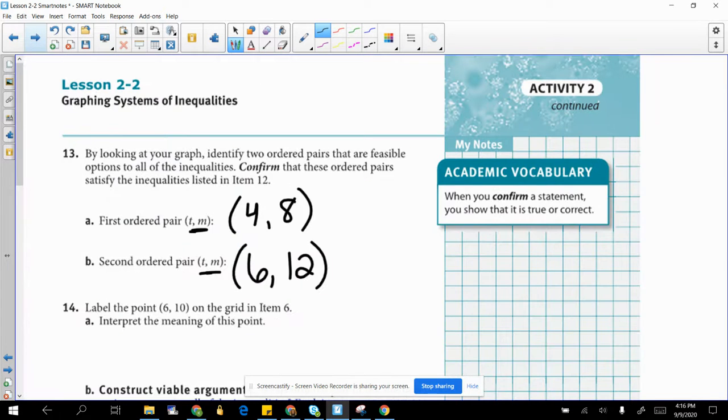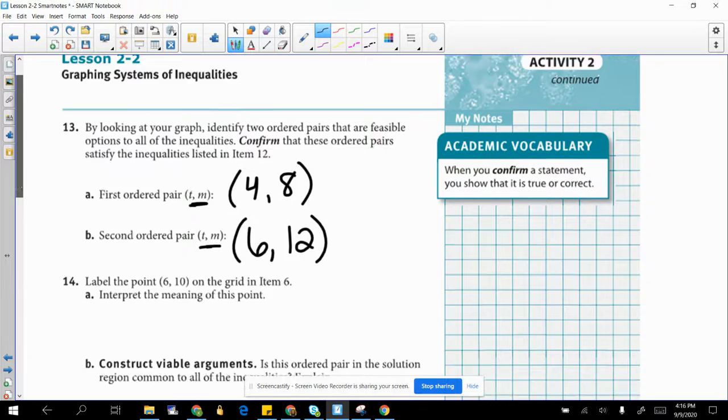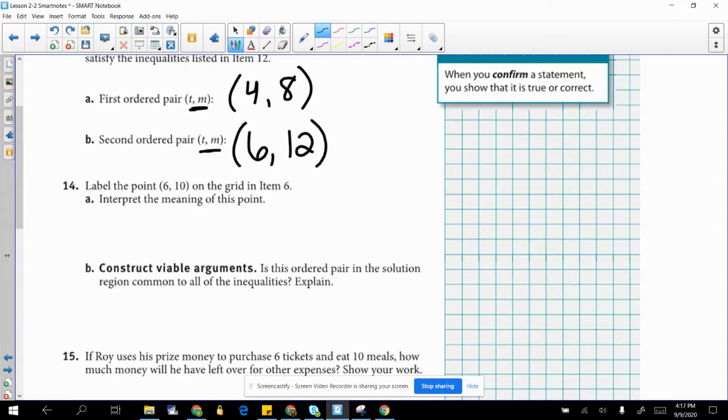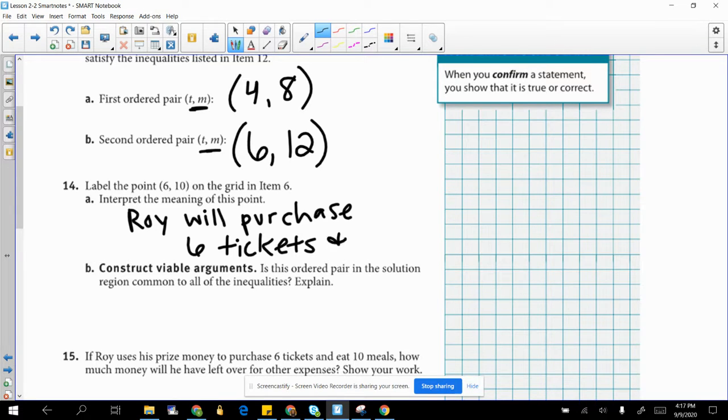So what exactly does this mean in the context of this? And remember that it's an ordered pair in TM. So this means Roy will purchase 6 tickets and 10 meals.